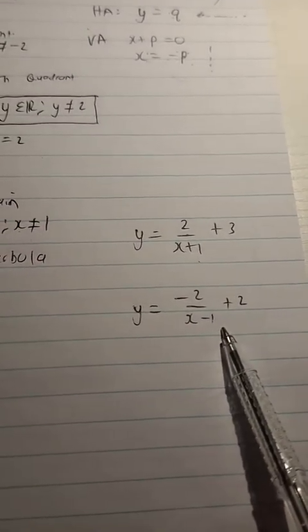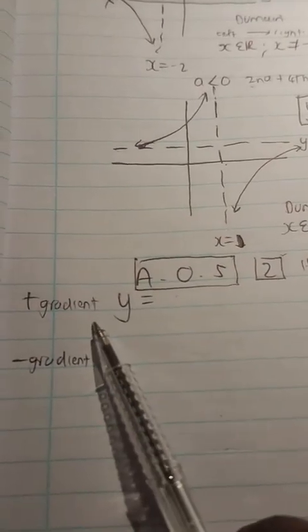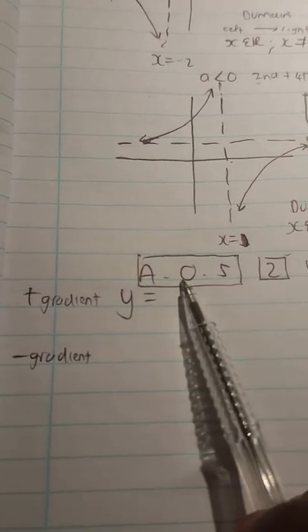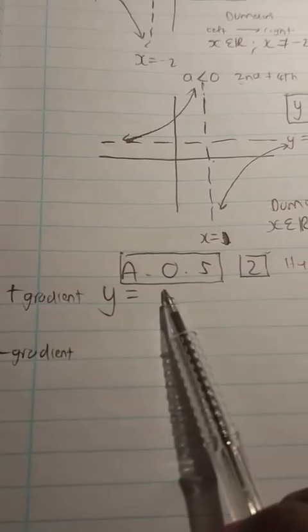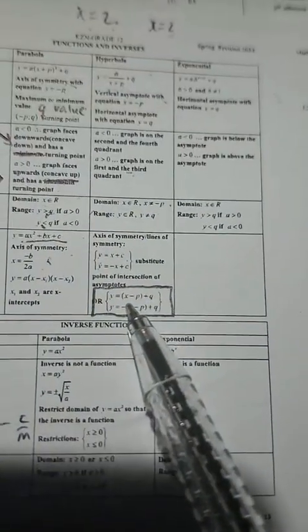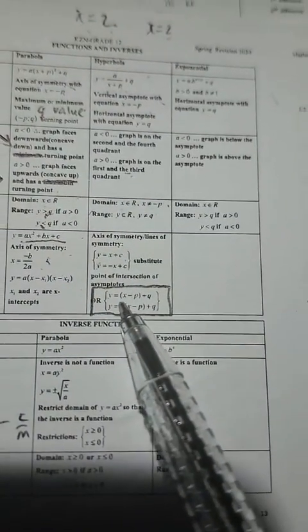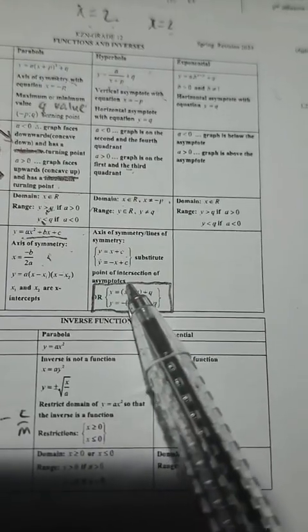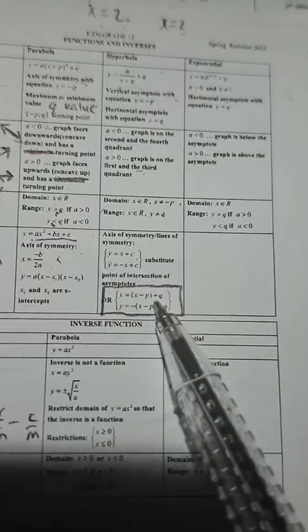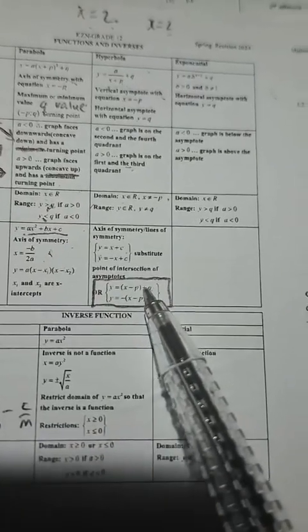The first general form of the equation of the axis of symmetry for a hyperbola, they give us basically these. I love these two. Y is equal to brackets x minus p close brackets plus q.